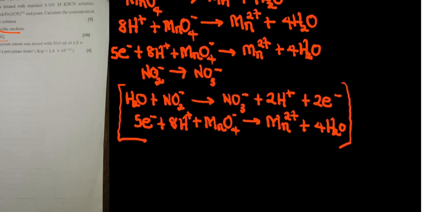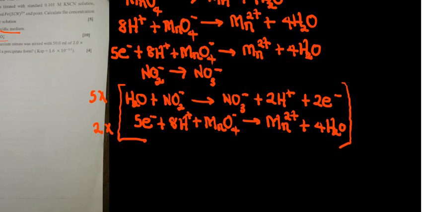How many electrons are balancing up the first half reaction? That is a 2. How many electrons are balancing up the second half reaction? That is a 5. So how can I balance such that I have equal number of electrons to come up with one equation here? So what I can do is multiply the first half reaction by 5 and then multiply the second half reaction by 2. Why am I doing that?